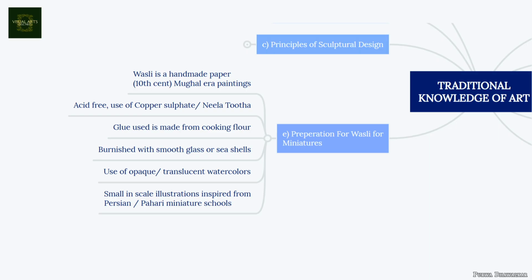Now we will see about preparation for vasli for miniature painting. Vasli is a handmade paper used since 10th century in Mughal era paintings. It is an acid-free paper which uses naturally available blue stone, Neela Thotha in Hindi and Need in Marathi, which has copper sulfate in it as a coating to save it from termites and pests.